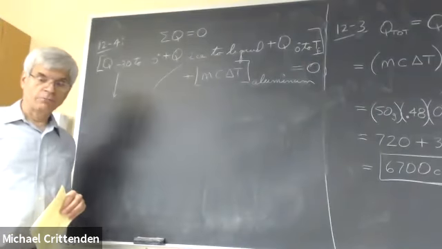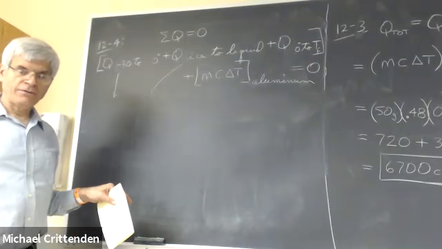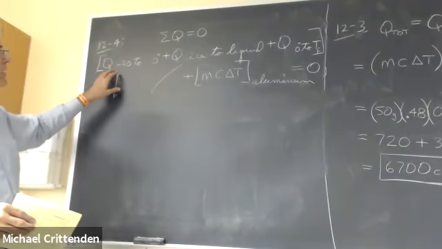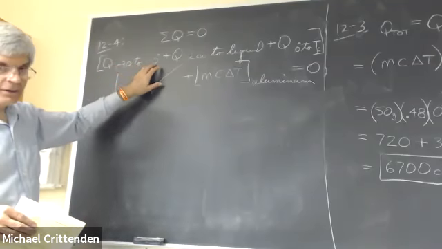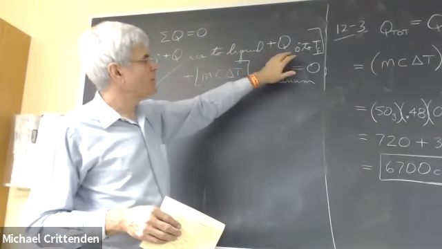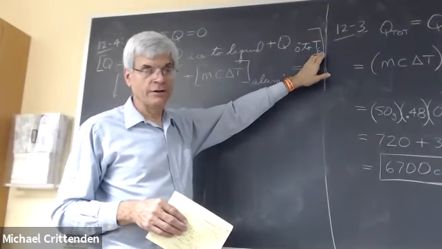So like I said before, just kind of picture yourself watching this happen in front of you and write things down in chronological order. First, it warms up until it reaches the freezing point. Then it melts. And then it warms up from the freezing point up to the final temperature.